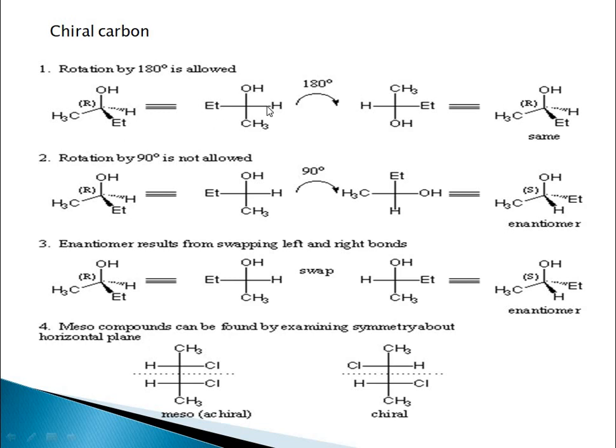Now, along the horizontal line, when they are placed, as we can see, because OH and CH3 are here, so H and C2H5 along the horizontal plane will be such that H is towards the right and C2H5 is towards the left.